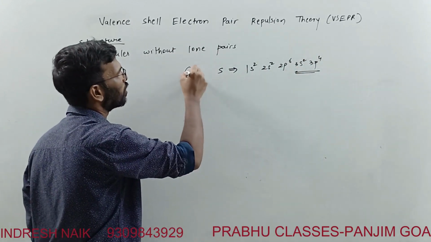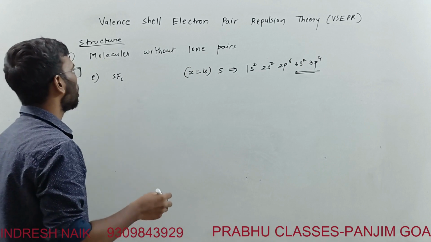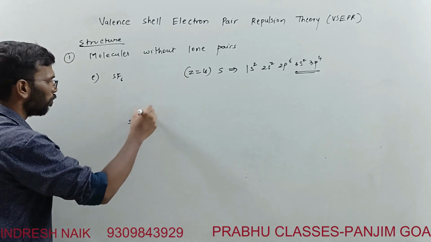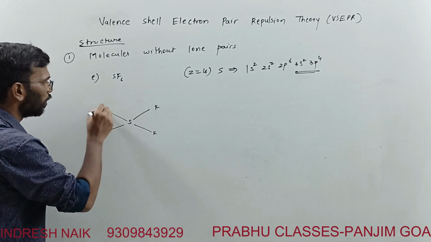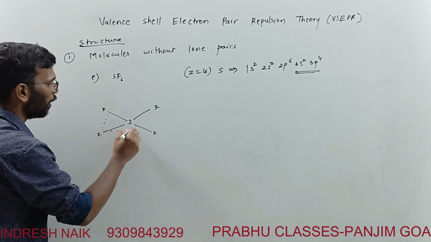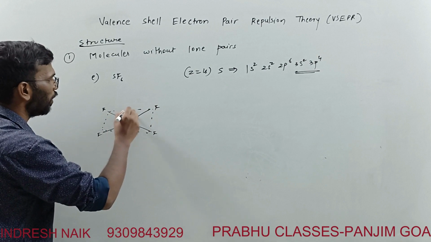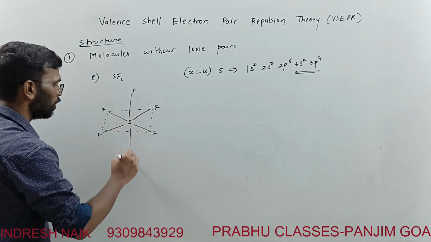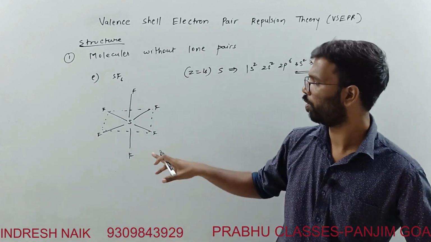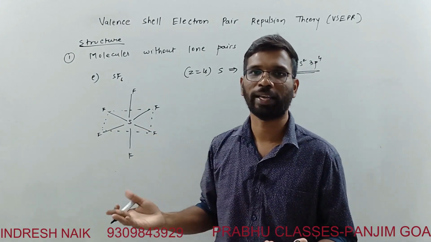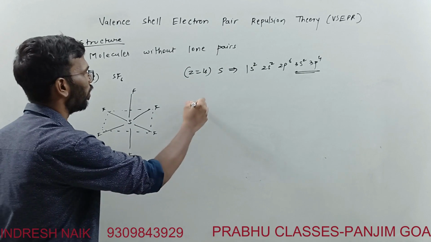Atomic number is Z equal to 16. So this is sulfur, and this is fluorine, this is fluorine, this is fluorine, and this is also fluorine. All these fluorines are in one plane. One is above the plane and one is below the plane. The dotted line is just to show that all 4 fluorines are in one plane. This is the possible geometry in which they can stay apart. This is called an octahedral geometry.